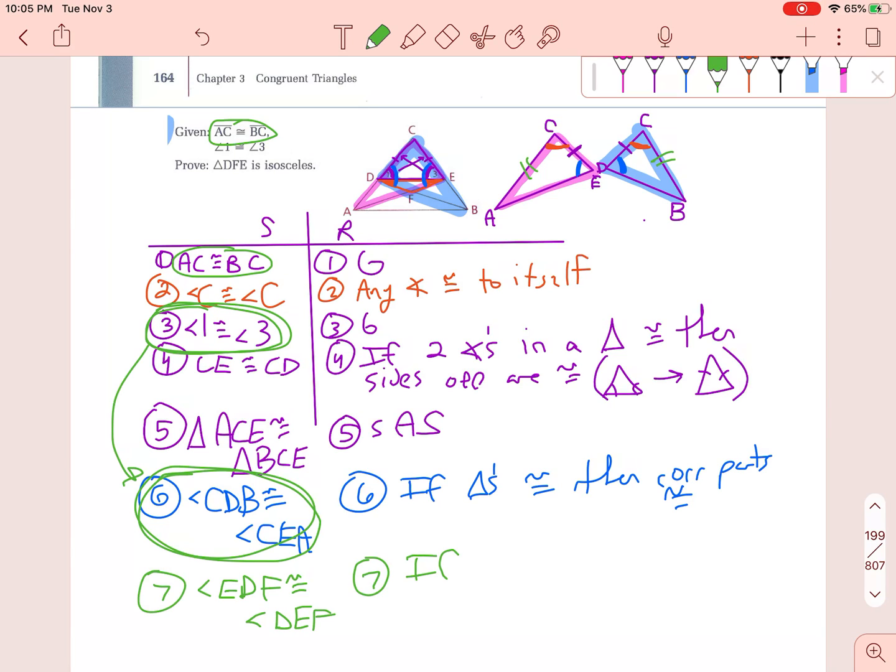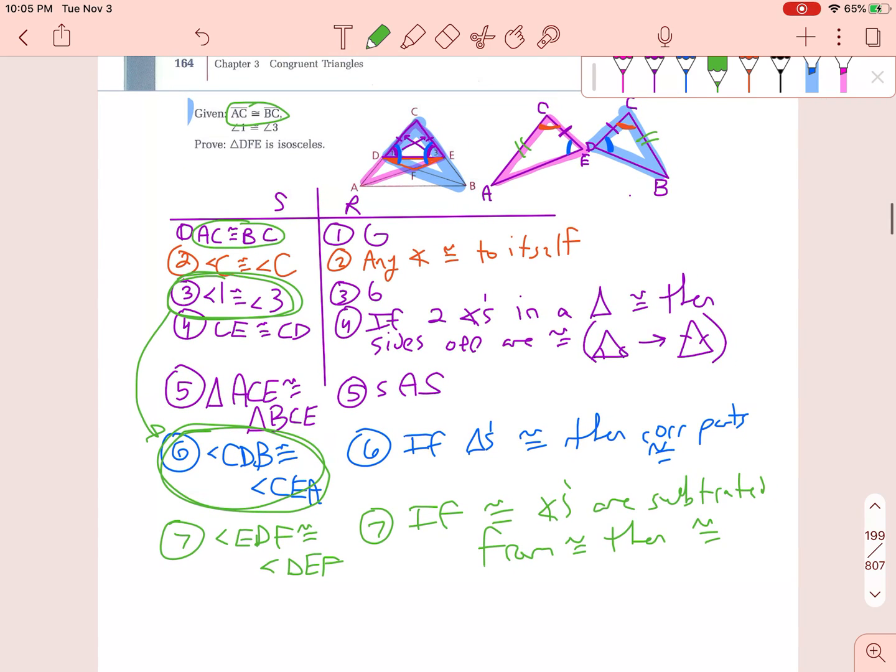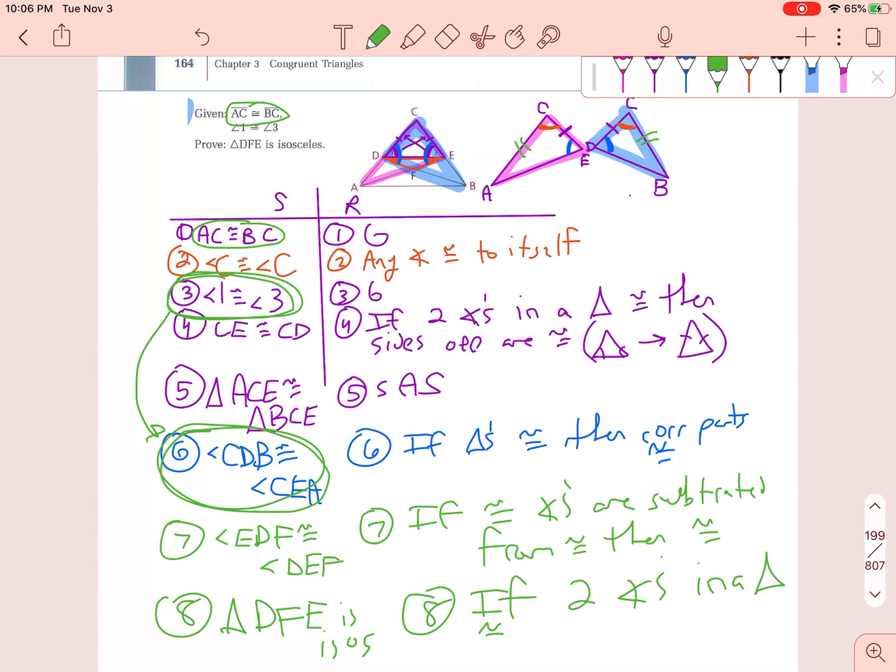And that is if congruent angles are subtracted from congruent angles, then the differences have to be congruent. And if those angles are congruent to each other, then triangle DFE is isosceles. If two angles in a triangle are congruent, then the triangle is isosceles.